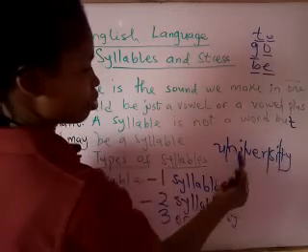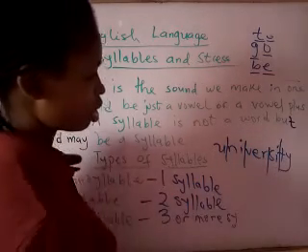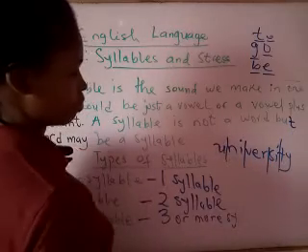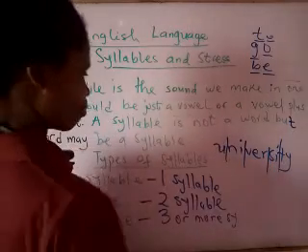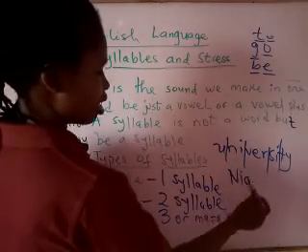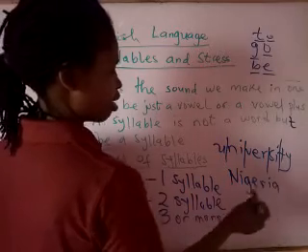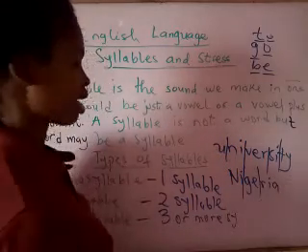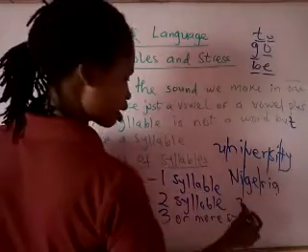This is 1, 2, 3, 4, 5 syllables. That's how many breaths? 5 breaths. Next we can have a word like Nigeria. That's 3 syllables, right? Another example would be understand.